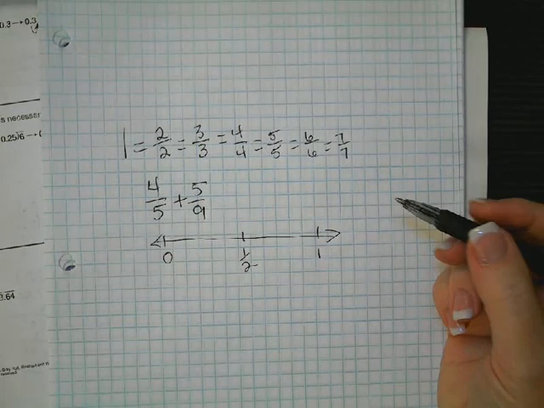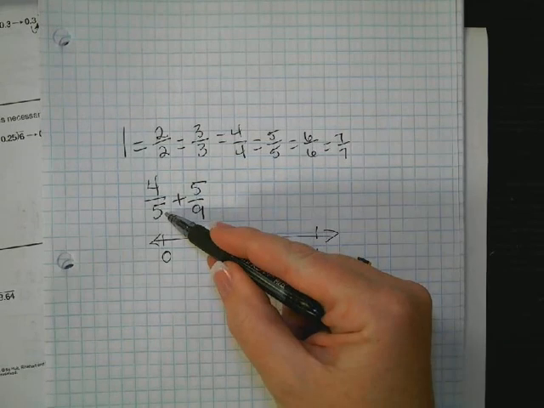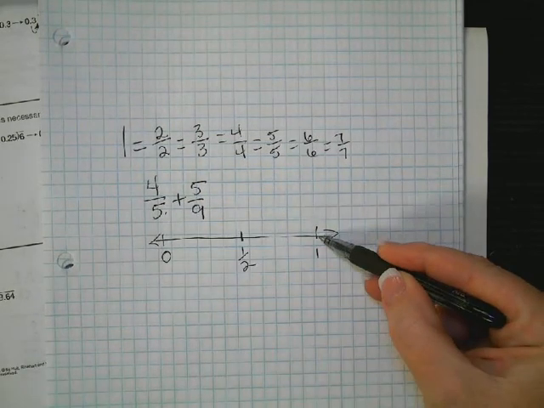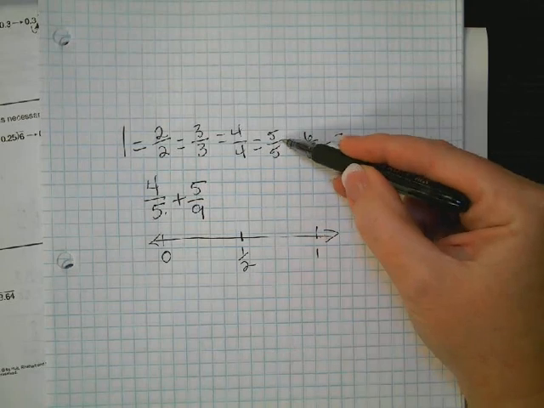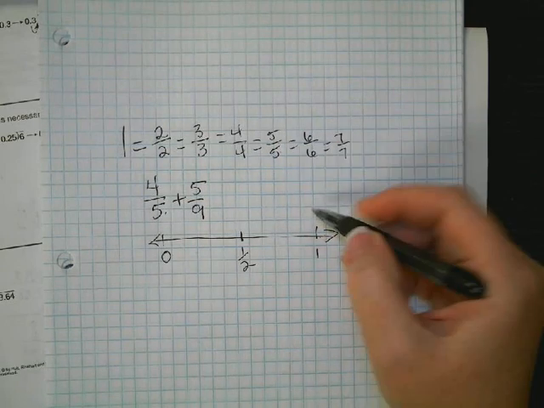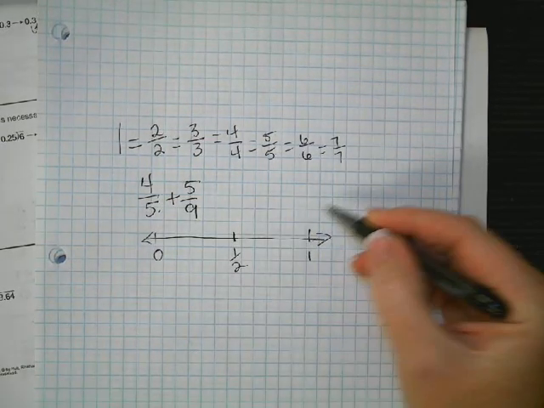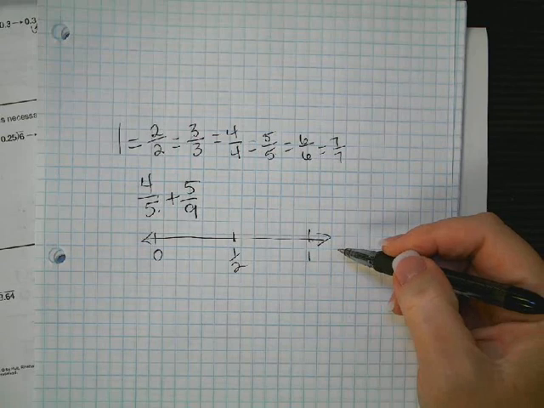Now, let's deal with our 4/5. First of all, I need to figure out what's 1 whole when I'm talking about fifths. How many fifths are there in 1 whole? Well, I can just look up here at what we just talked about. 5/5 is 1 whole. Where do you think 4/5 is going to be?